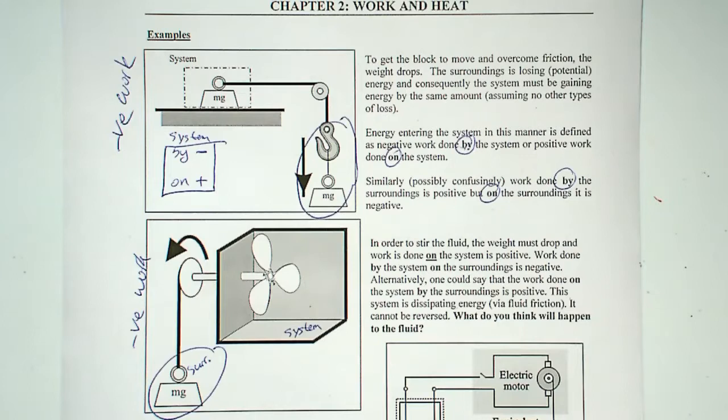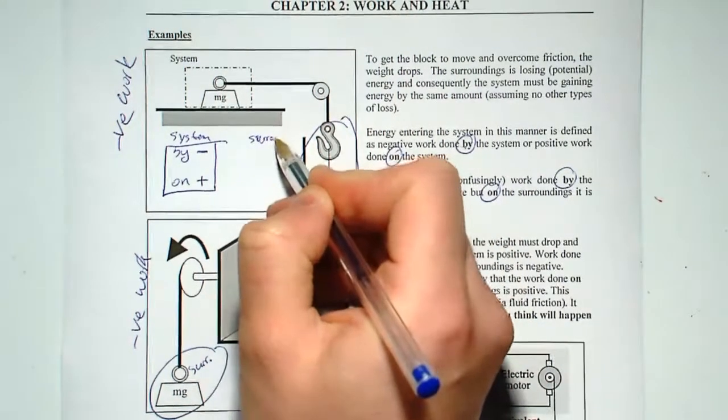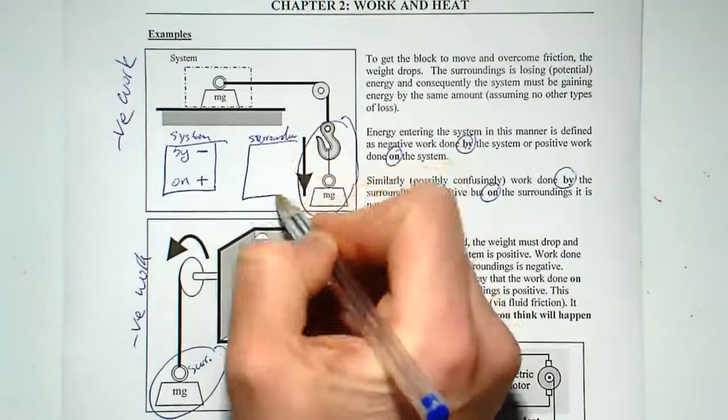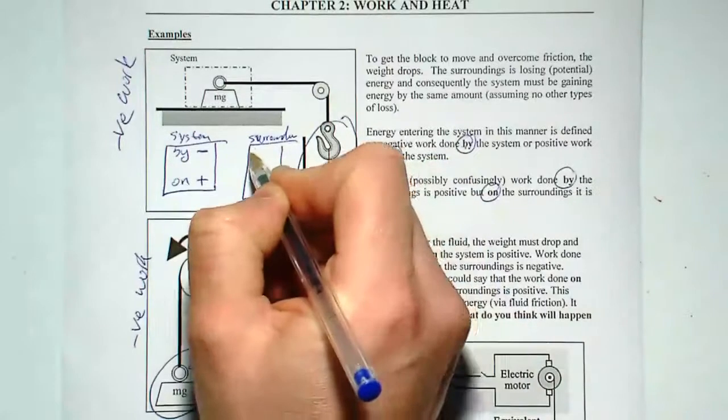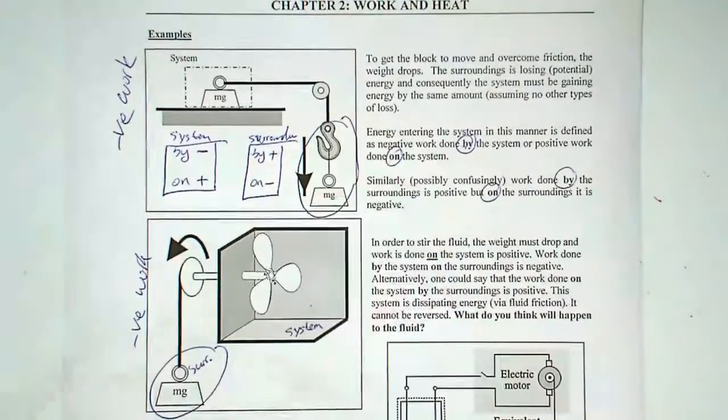But the reason why it's important to understand this is because you come across sentences which don't explain the situation, but rather give you that description of by and on a surrounding, a system, and therefore that's important to understand. In this example, if you look at the surrounding, the work by the surrounding is actually positive, and the work on the surrounding is negative.